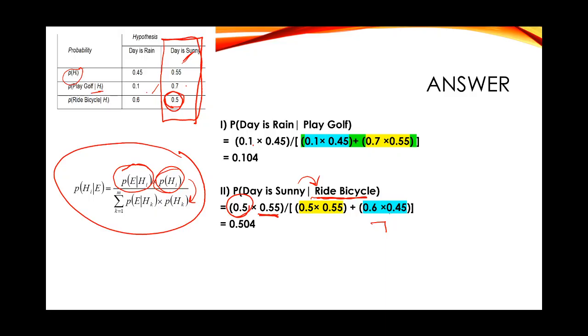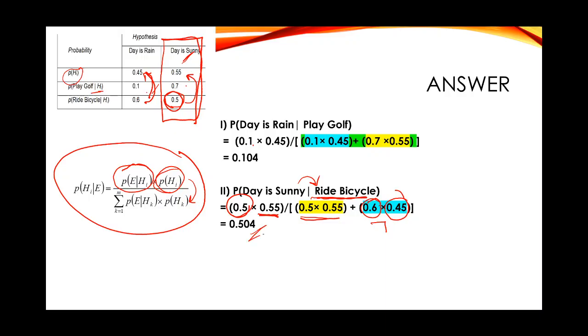So this is where we have event occur, meaning P(E|H) P(H), plus riding bicycle and day raining. So that is why we have 0.6 times 0.45 here. So you calculate this, and this will be the answer. This is when you have single evidence.